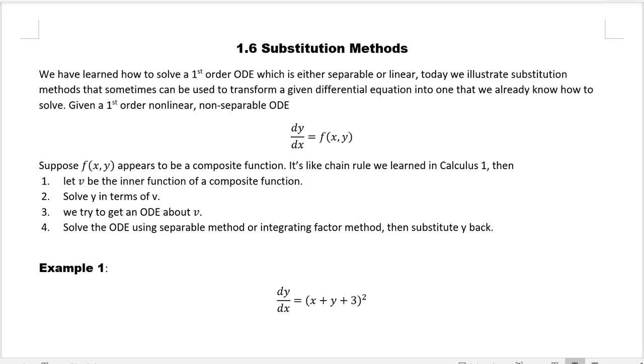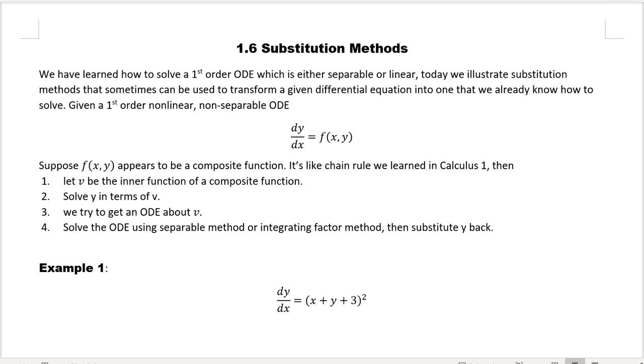So given a first order nonlinear, non-separable ODE, so we have dy dx equals f of x, y. Suppose f of x, y appears to be a composition function. And so it's like the chain rule we have learned in Calculus 1.